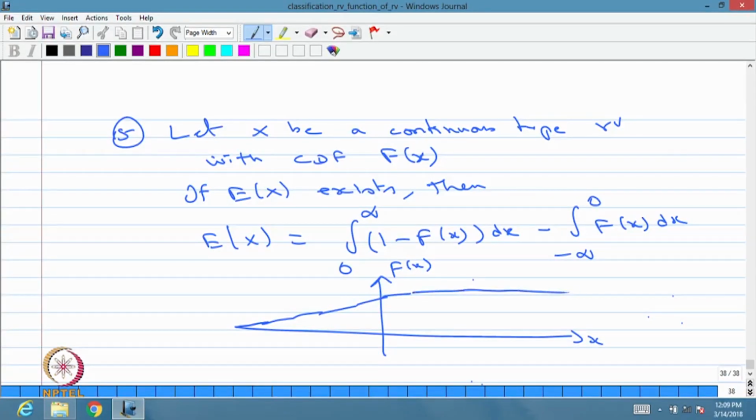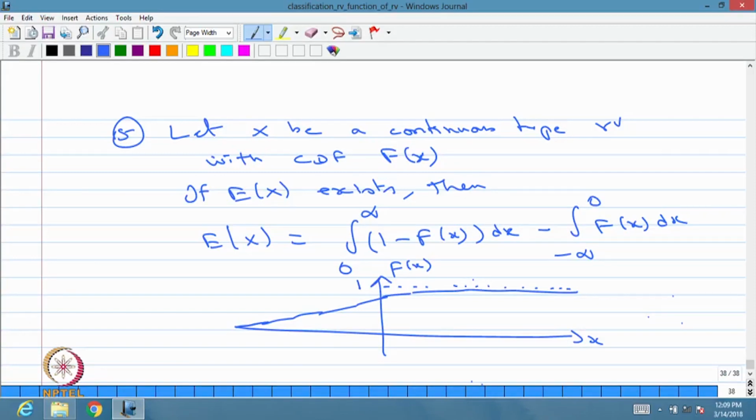Therefore, I am just making one CDF; it asymptotically touches 1 at infinity. So, this is the CDF of some continuous type random variable.